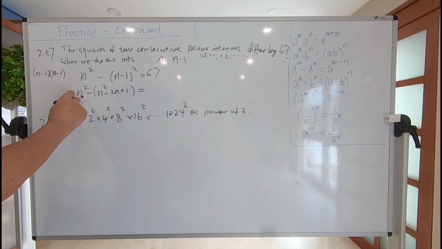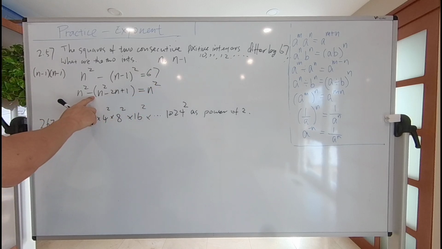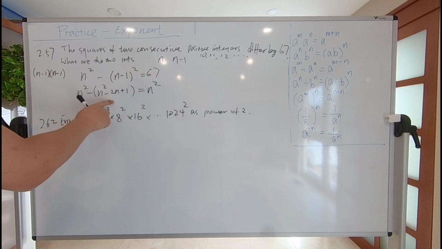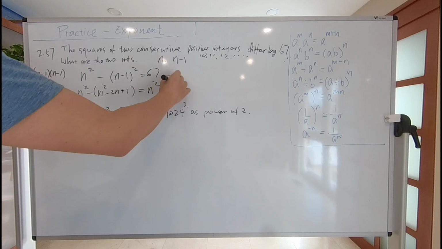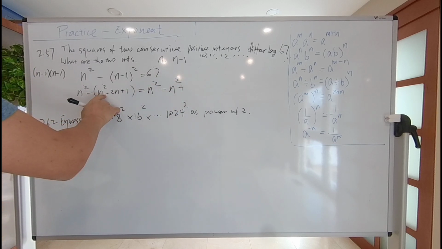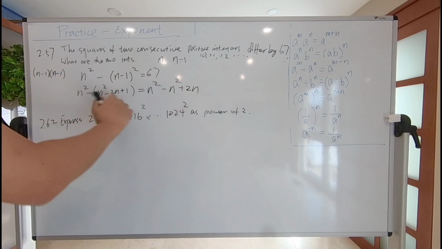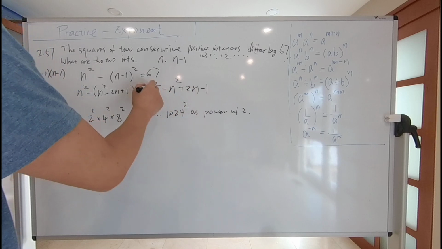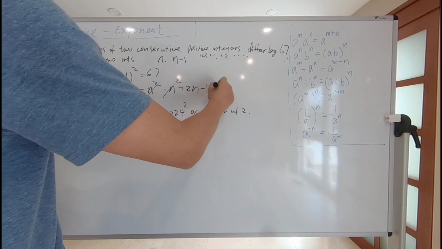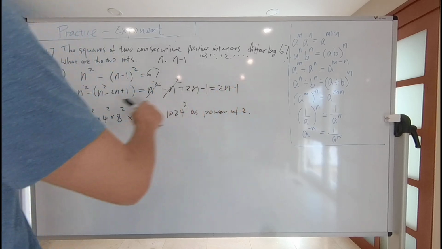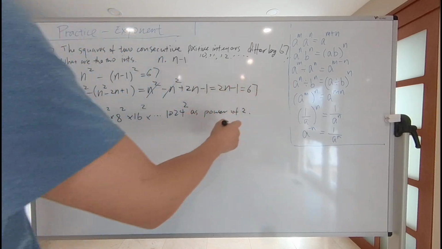So then if I further reorder this by putting the negative sign together with the brackets, it's minus n squared, this becomes positive plus 2n, and then minus plus becomes minus 1, and then n squared minus n squared is gone, so I have 2n minus 1 on my left hand side, and I want this to be 67, right?